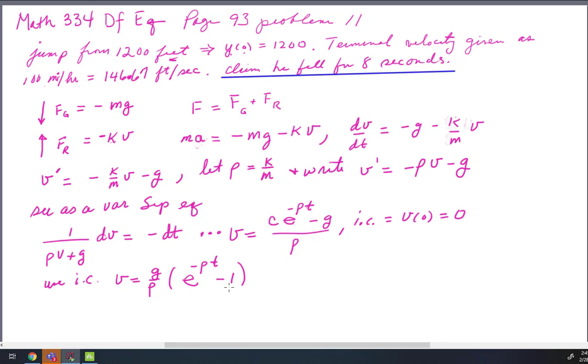So that's the first step. Now we've got a little more work to do. We'd like to evaluate this rho. We know rho is G over K, but not G over K, rho is, where did we assign rho? Here. Rho is K over M, and M would be the mass of the parachutist and his parachute.